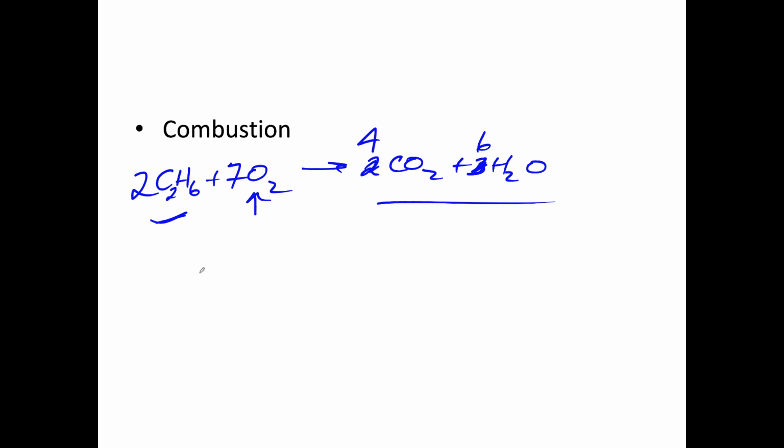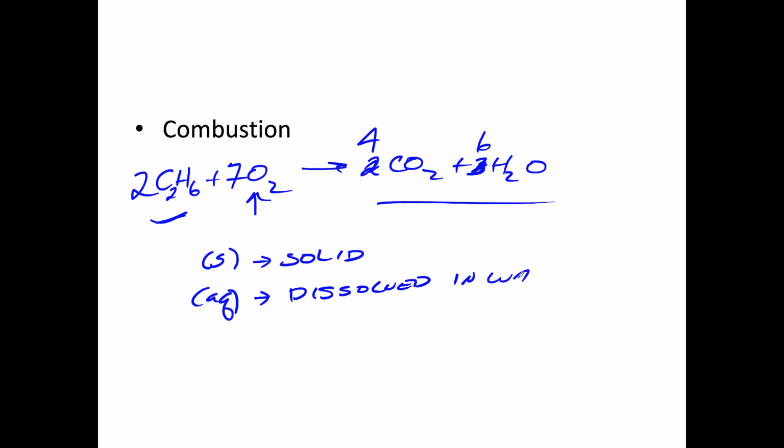Also, I want to point out, you're going to see this on a lot of the slides from now on. S means it's a solid. AQ means it's dissolved in water, and we'll call it aqueous. That's where the AQ comes from.